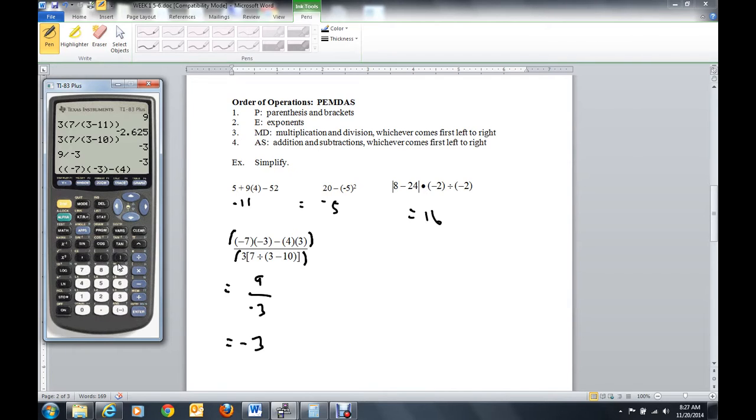The only thing that I've changed is the extra set of parentheses around the numerator and around the denominator. So just be really careful how you type this in. At the end, I'm going to have 3 sets of parentheses. See that?